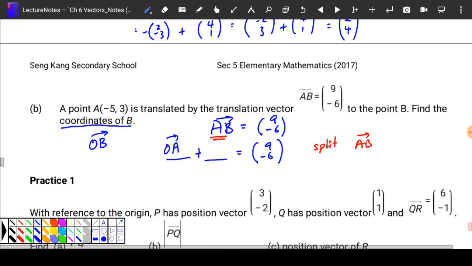If I take OA plus OB, can I add them up in the first place? No. What's the reason? Why can I not add?